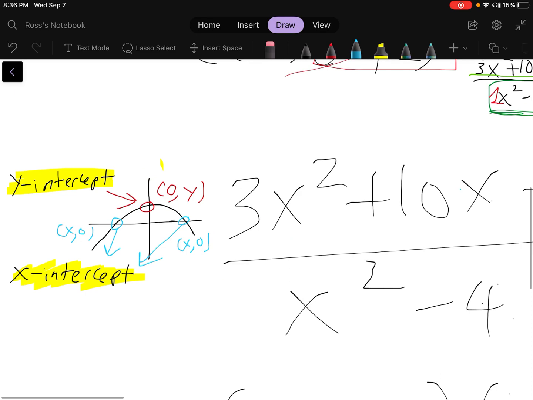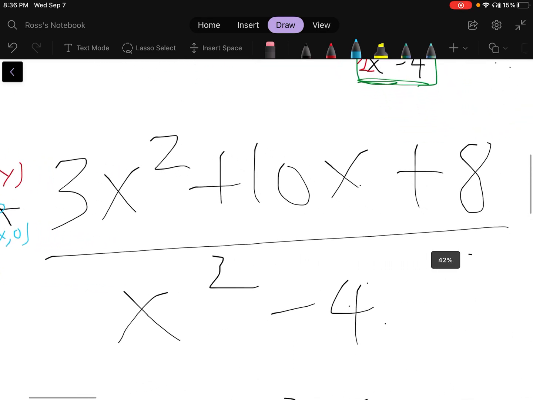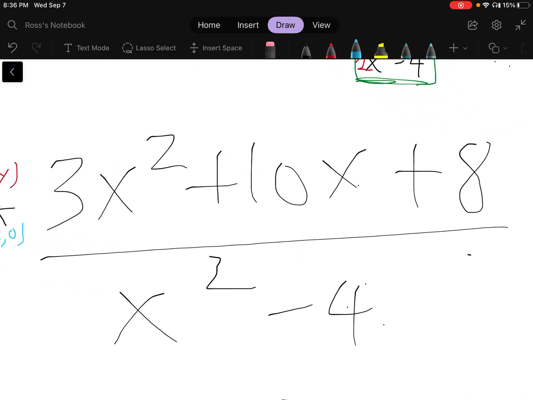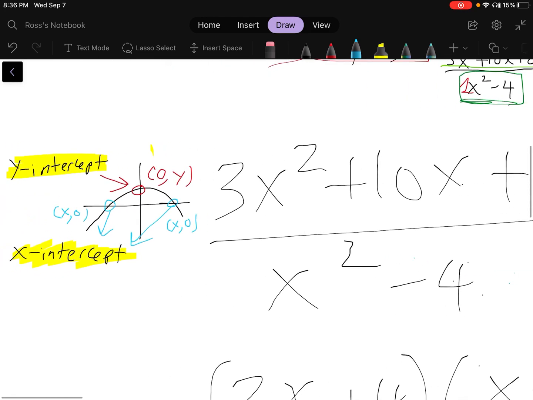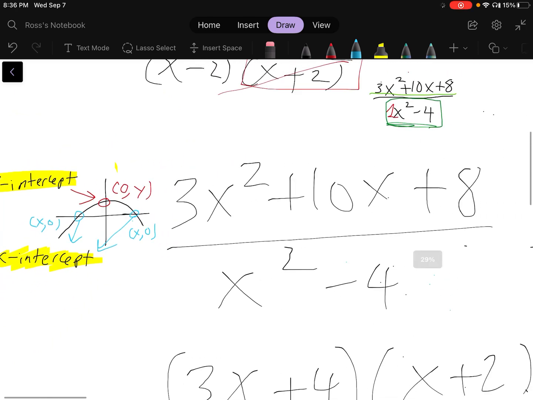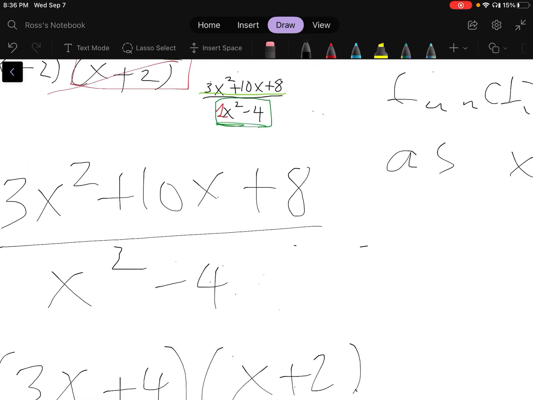How does this relate to our problem? I rewrote the problem from earlier so that we can find the x and y-intercept. The y-intercept, I would say, is the easier of the two. We know that the x value is 0, right? So all I have to do is find f of 0, or plug 0 into the equation.